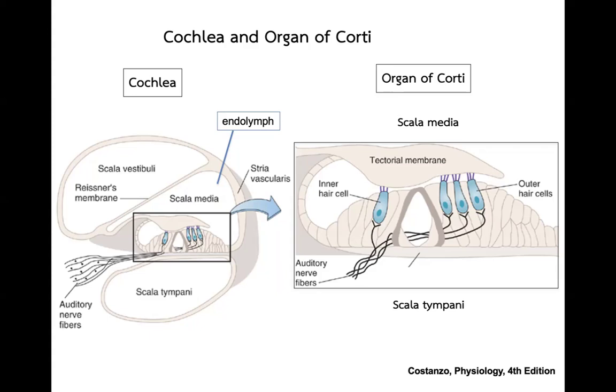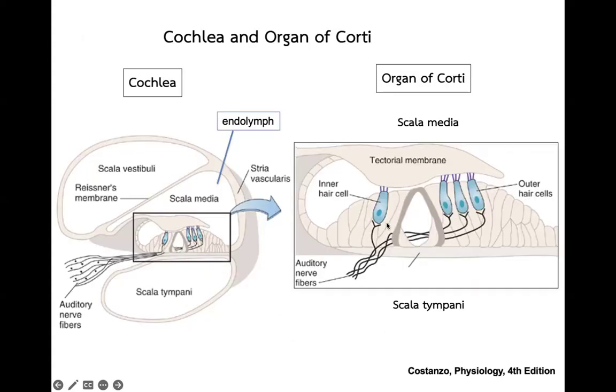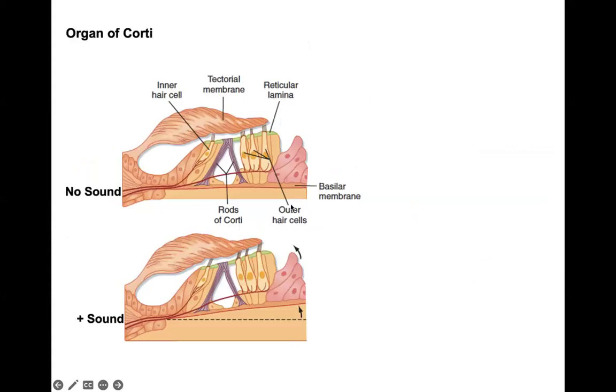So zoom in here. What happens is that when you have the fluid filled inside and then the bone is shaking, right? It will cause the fluid inside to move, right? And once the fluid moves, it will also move the basilar membrane right here, okay?